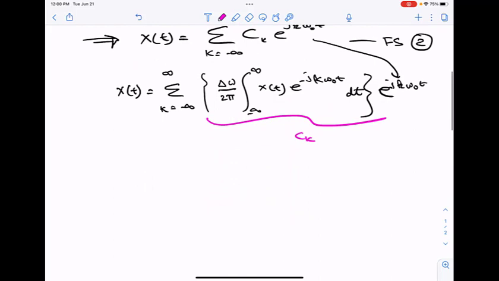Now what we're going to do is change delta omega to d omega, and k omega 0 to just omega, because the frequency is now continuous, and the summation in this equation will now become an integral.